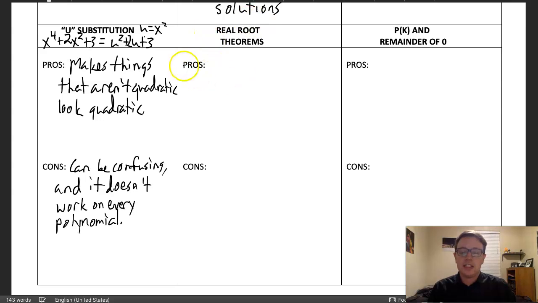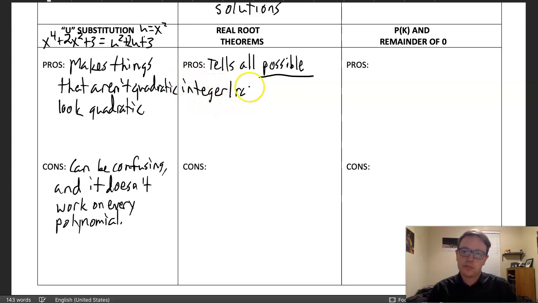Okay. This leads us into our next one, which is the rational roots theorem. The rational root theorem tells us all possible integer or rational solutions. The issue here is that it doesn't tell us which of these possible solutions are solutions.